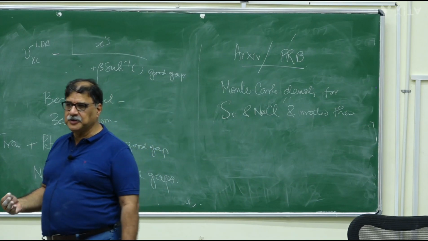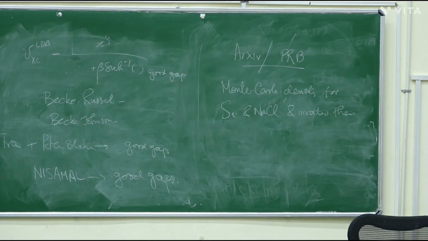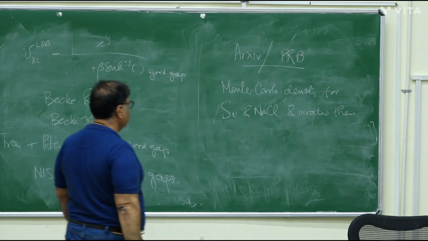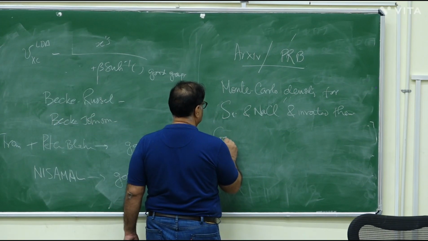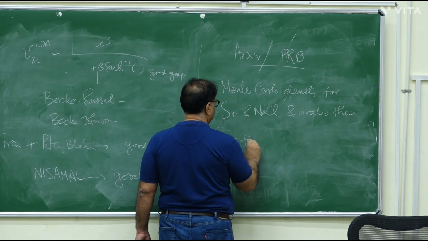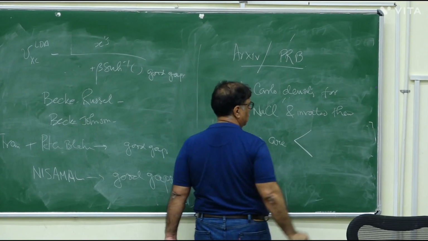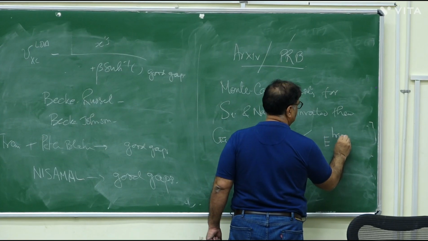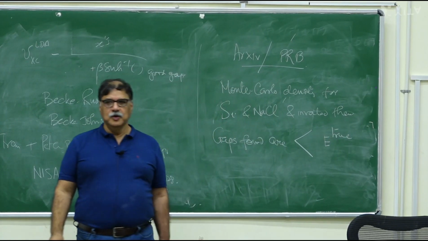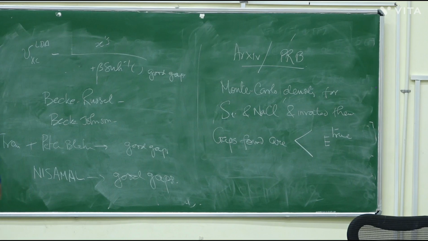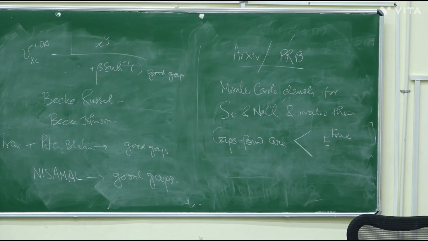So these are supposedly exact densities which have been inverted, and the gaps found are smaller than expected. This is the first time they have shown that if you take the real density of a system and calculate the true Kohn-Sham corresponding to that system, the gaps come out to be small.